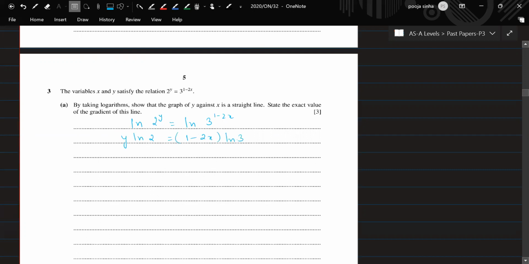Then it became y ln 2 is equal to ln 3 minus 2x ln 3. Yeah. Okay. Now, what's your question?